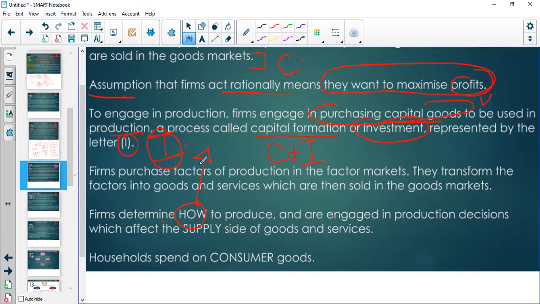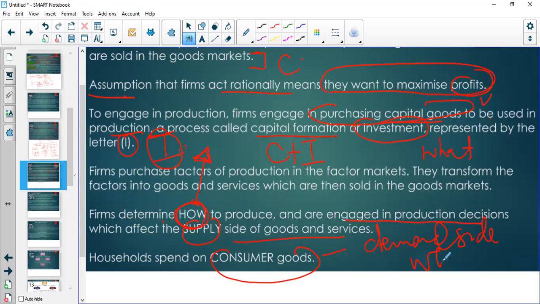They're looking at the lowest cost of production. So remember, households determine what to produce, but firms determine how to produce them because they want to produce those at the least cost possible, the most efficient way. So they are engaged in the production decisions and they're engaged in the supply side of goods and services. Whereas the households spend on consumer goods, they are focused more on the demand side.